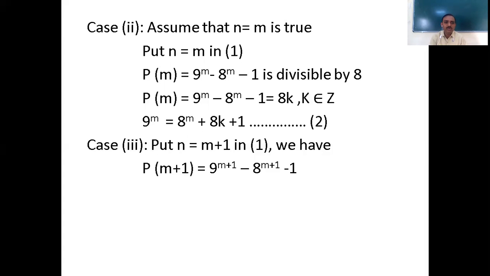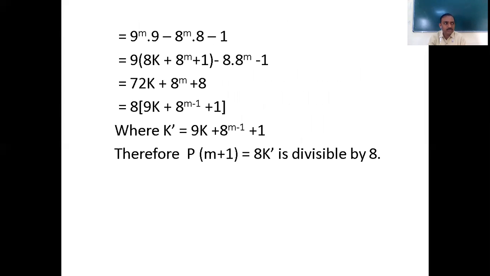Now put n equal to m plus 1 in 1. P of m plus 1 equals 9 raised to m plus 1 minus 8 raised to m plus 1 minus 1. Simplify it, we get 9 raised to m into 9 minus 8 raised to m into 8 minus 1. We substitute the value of 9 raised to m from equation 2: 9 into 8k plus 8 raised to m plus 1, minus 8 into 8 raised to m minus 1.